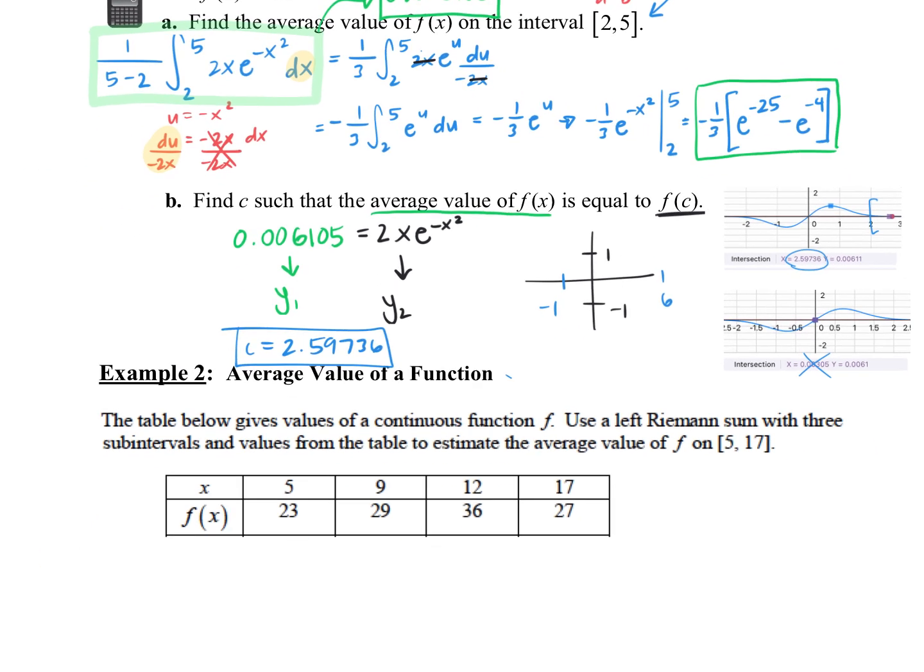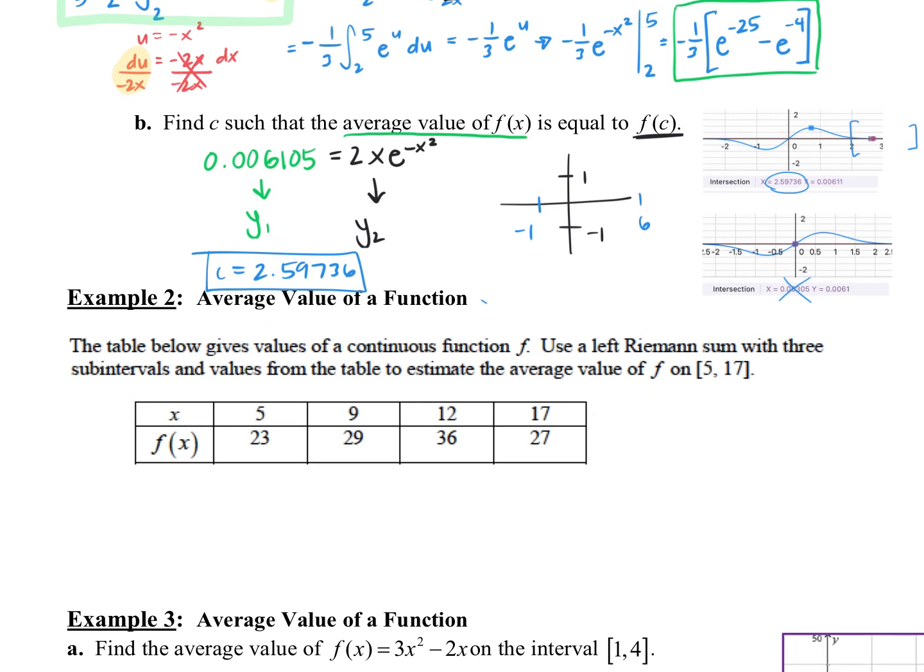Okay, this next problem is actually kind of just a little bit of a flashback review. Hopefully, after we go over it, it comes back. We are given a table of values, and it asks us to use the left Riemann sum with 3 subintervals, and the values from the table to find the average value of f from 5 to 17.